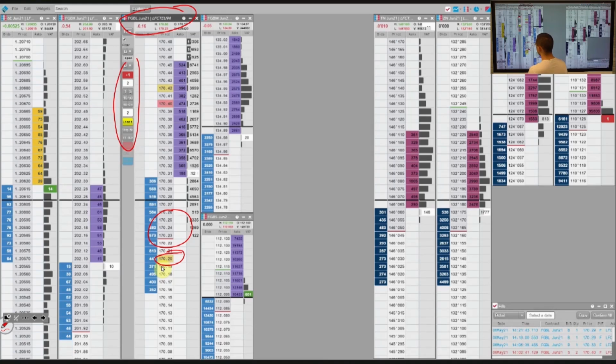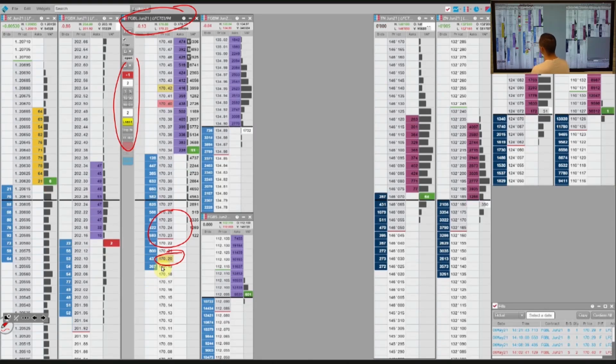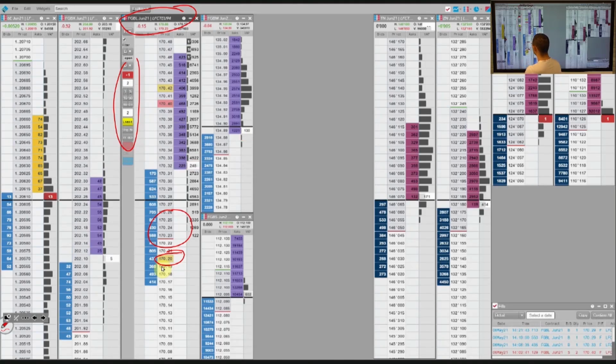Then immediately 30s taken bid, all the liquidity comes out of the 31s. And now look at that, 32s, 33s, and then buying the 34s. 33s taken offered. Sometimes the bid at 32s just gets pulled a little bit, maybe to make the buying look a bit weaker. You can see that again at 31s.